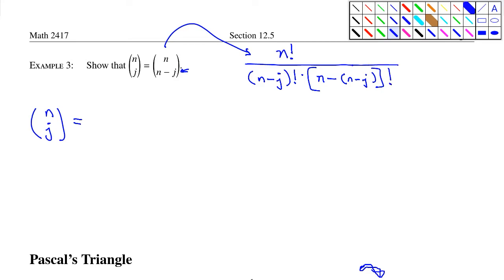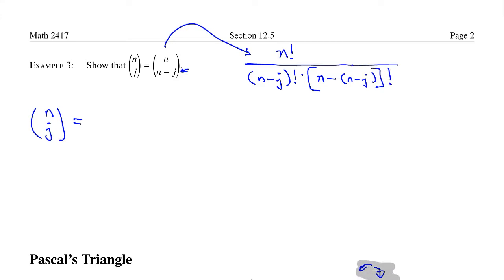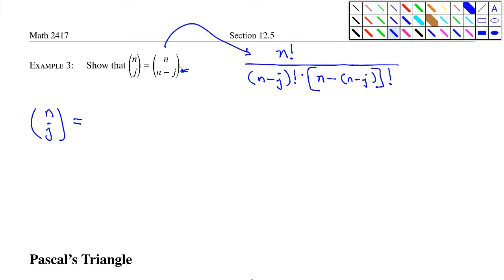Because remember, the format of a combination is that you have n minus the number that's on the bottom. So let's see if we can work this out to get that. By definition, n choose j would be n factorial divided by j factorial times n minus j factorial.